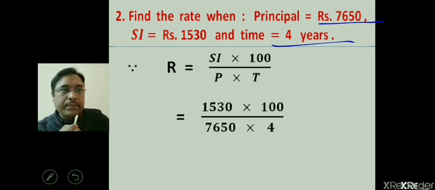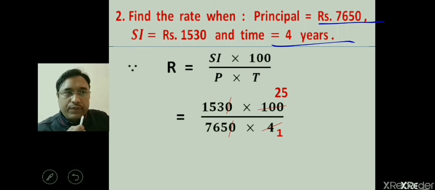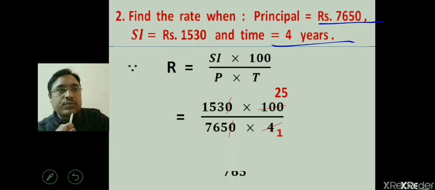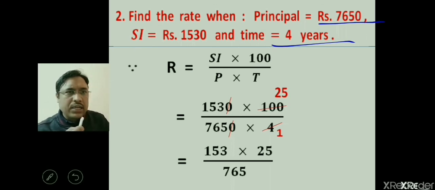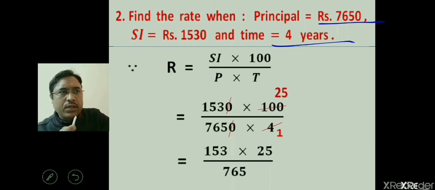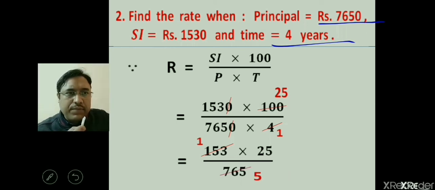Then you will cut this 0 and 0 from upside and downside. Now 4 into 1 is 4, and 4 will divide 100 in 25 times. Now cut this 153 also: 153 into 25 by 765 is the result after this calculation. Now 153 into 1, and 153 into 5 times, the 765 will be divisible.